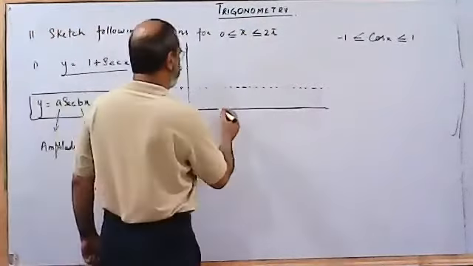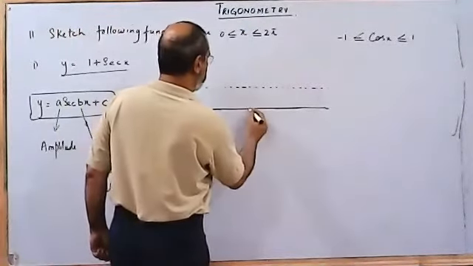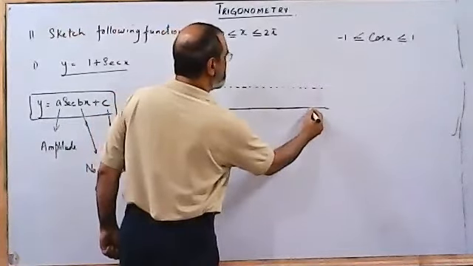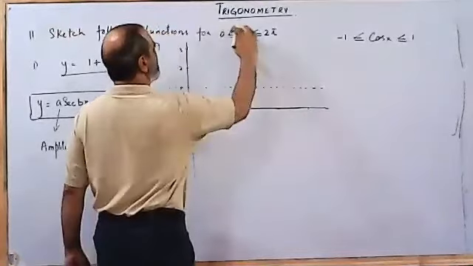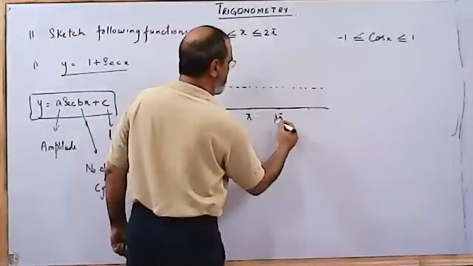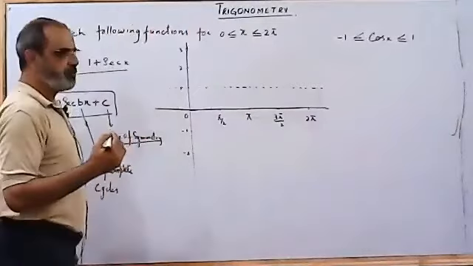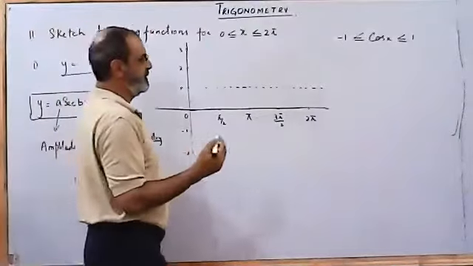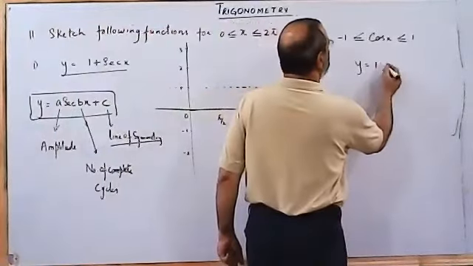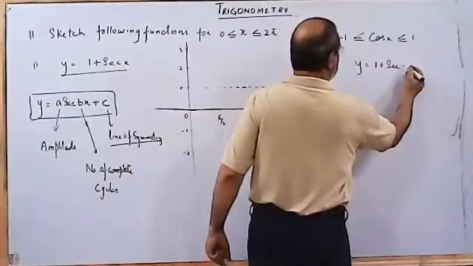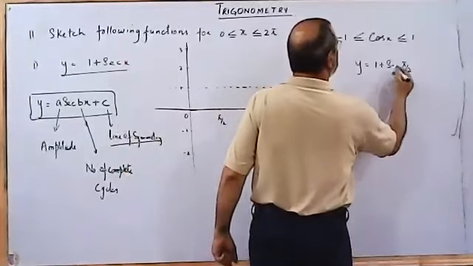So I have to take intervals along the x-axis, which represents the angle. Because it is in radians, I'm taking pi by 2, pi, 3 pi by 2, and 2 pi. What you have to do is just put this value in this function and see what you get. y is equal to 1 plus secant pi by 2.